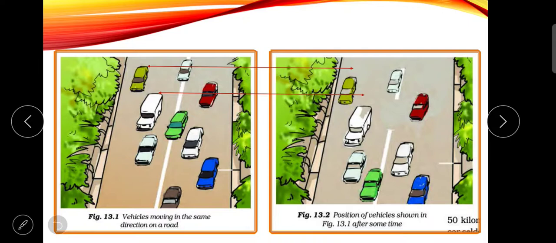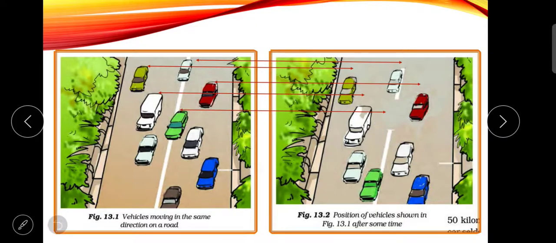Second car, white one I have taken. The distance covered is more than the first one. For the third car, again it is very less distance. For the fourth car, a small distance like the first car only. For the fifth car, you can see the distance here is more, isn't it?